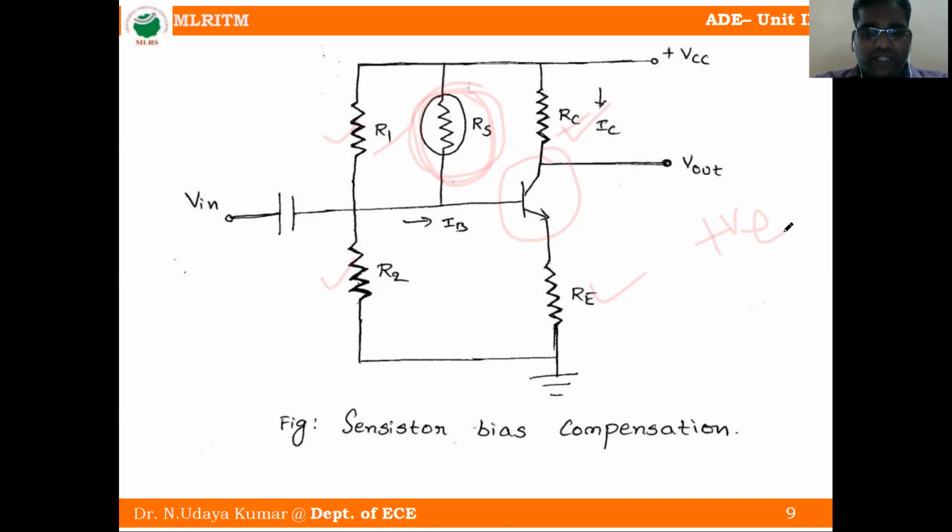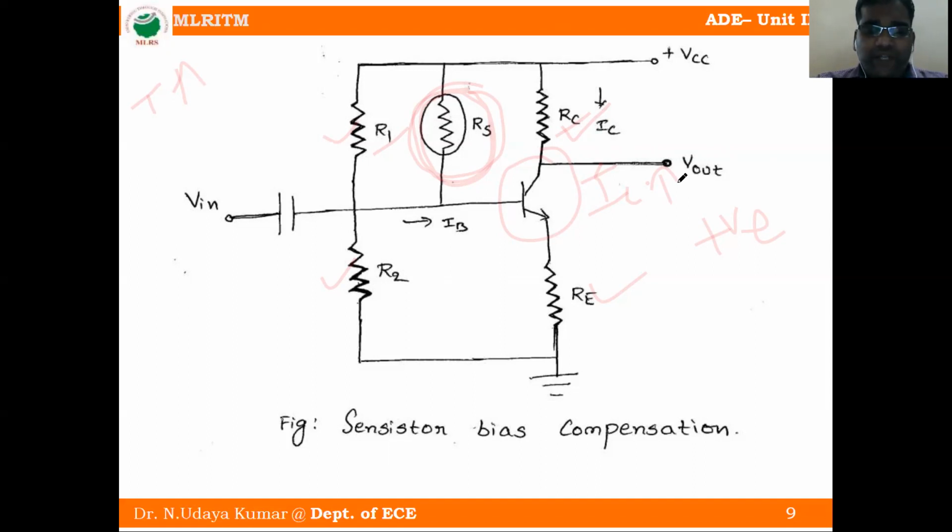So let us see what happens if temperature increases. IC naught increases. If IC naught increases, we have to reduce this IC naught by using the sensistor device.